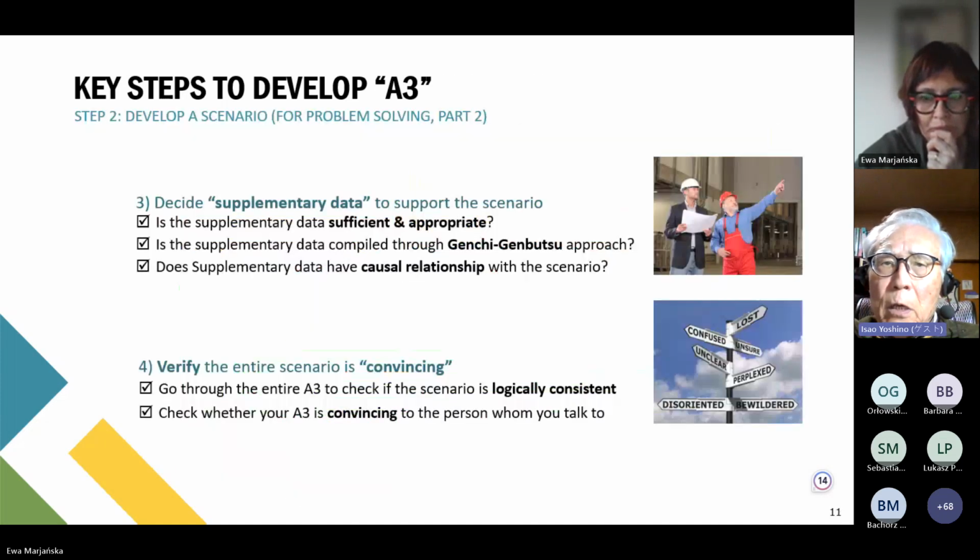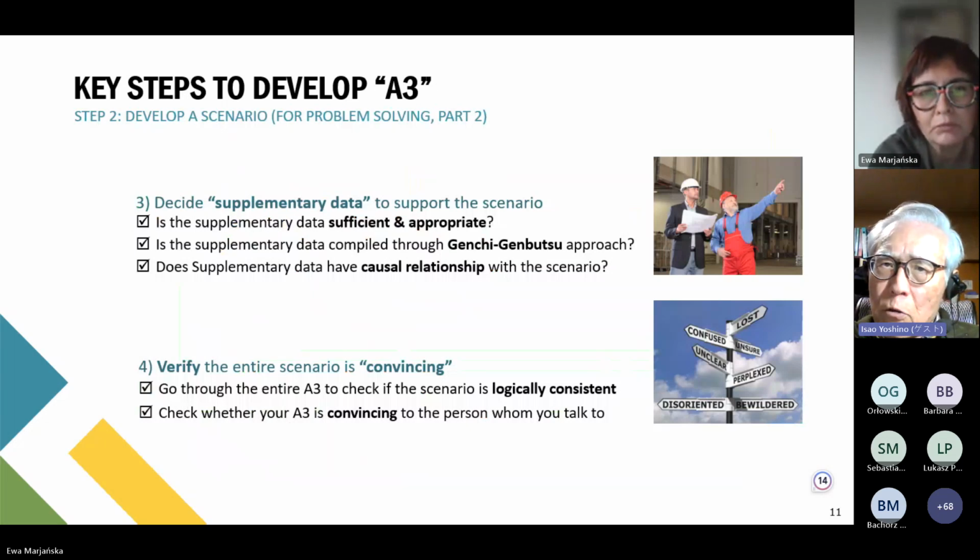That means if you expect your boss to make some decisions or to understand completely, then you have to check whether what you have written is enough, or you need to add more data on the A3 document. That type of analysis is important when you finalize the document.